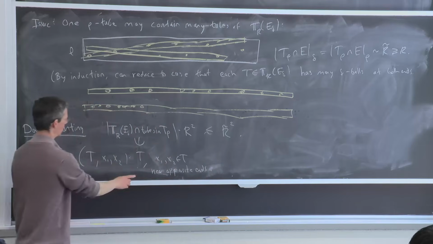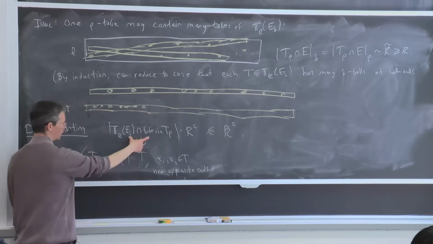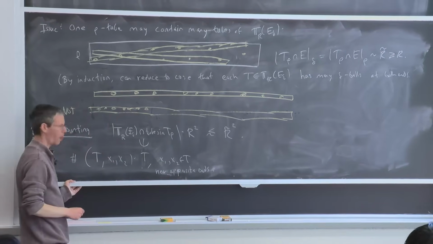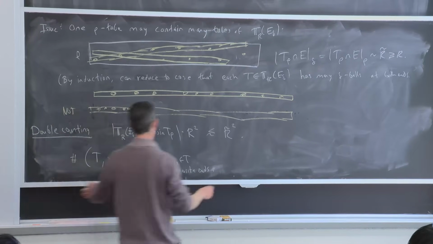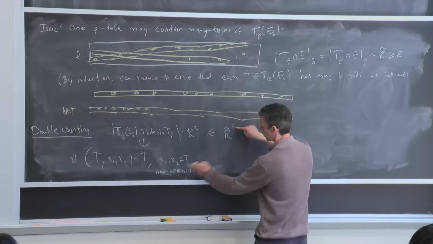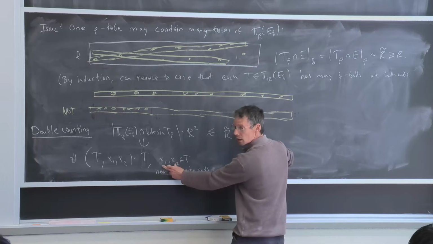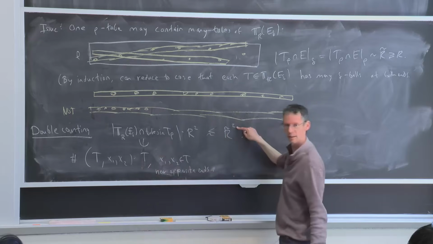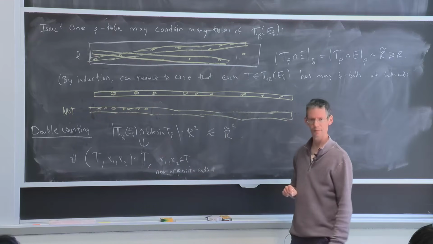How many are there? For each tube, there are R squared choices of x1 and x2. On the other hand, there are only R tilde squared choices for x1 and x2, and for each x1 and x2, there's only one choice of T. So this is bounded by this.